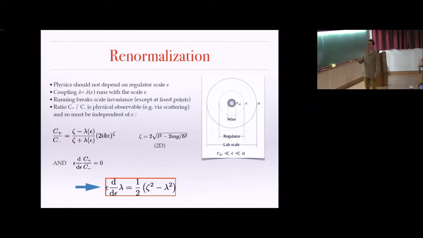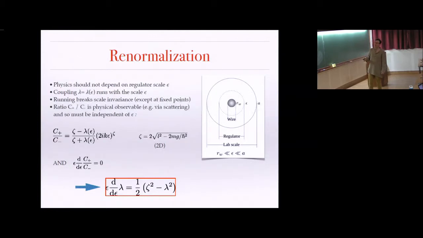So what we can actually measure is this ratio of the amplitudes of the two parts of the solution. This is what's physically meaningful, because for instance, scattering lengths just depend on this ratio. So the ratio of C plus to C minus shouldn't depend on the magnitude of epsilon.